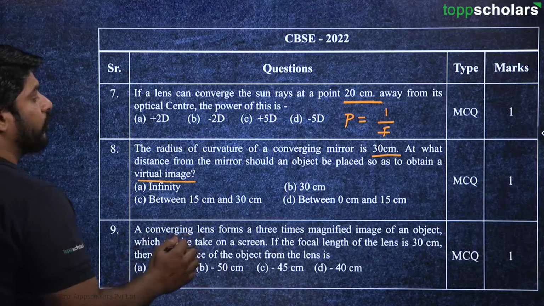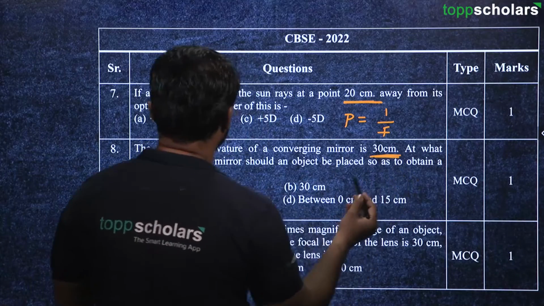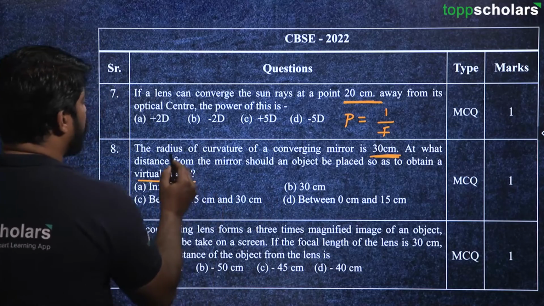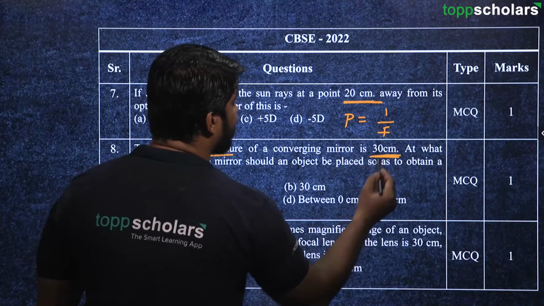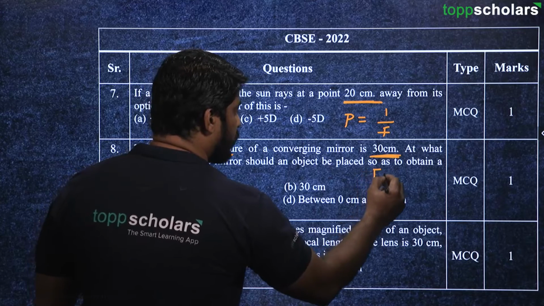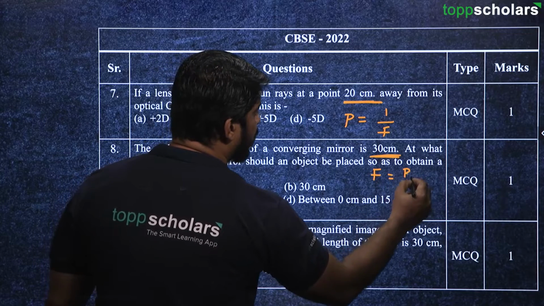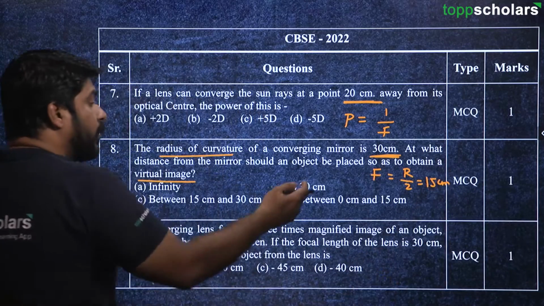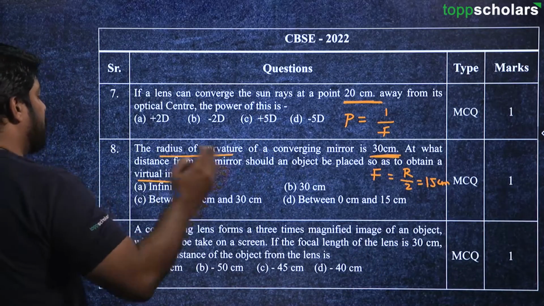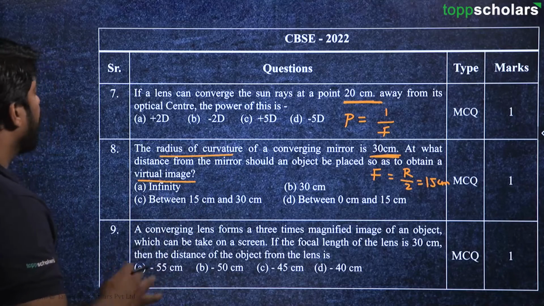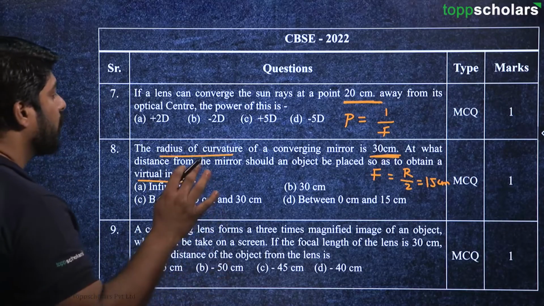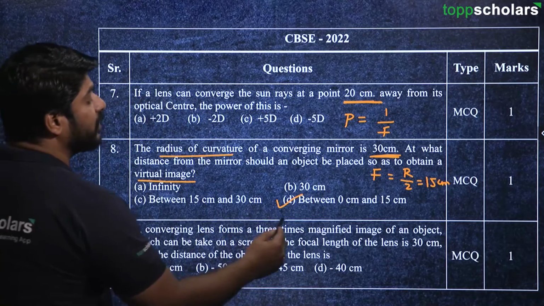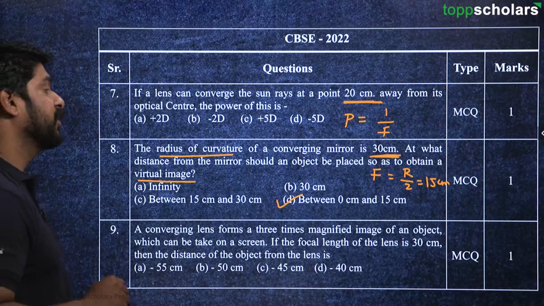Here the focal point is at a distance of 15 centimeter. Why? Because the radius of curvature is 30 centimeter, that means the focal point is r by 2, so it is 15 centimeter. If the object is placed within this distance, then we are going to get a virtual image. So the correct answer is going to be this one, between 0 centimeter and 15 centimeter.